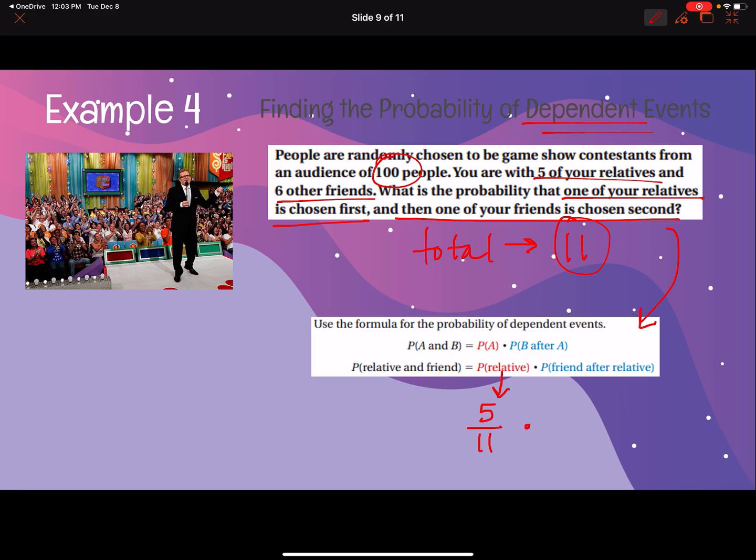Now we're going to multiply the probability of a friend after the relative is chosen. So if we take this relative out of our total, we'll drop down to 10 people that we have remaining to choose from. And how many of those 10 people left are friends? Did we pick a friend in the first one? No. So that number stays the same. It will be 6.